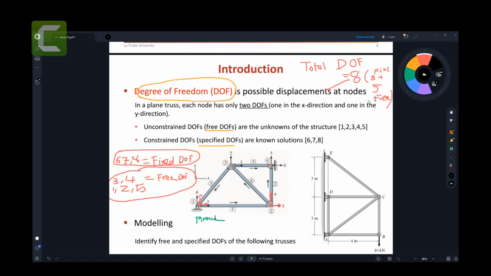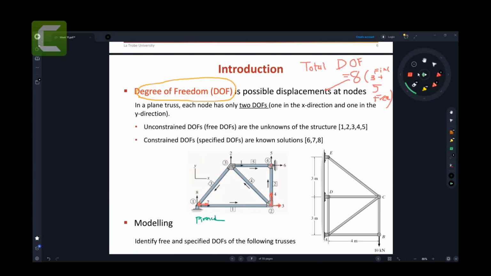Now the rule is simple: everyone understands that there are total 5 free degrees of freedom. So all your numbering starts with the free ones. Let me show you which ones are free.